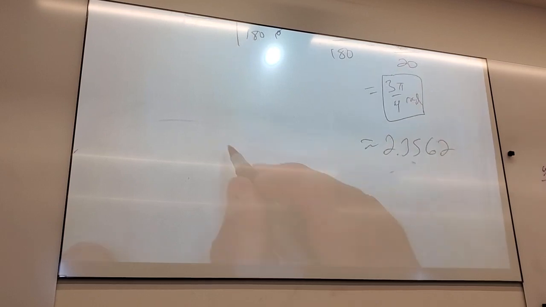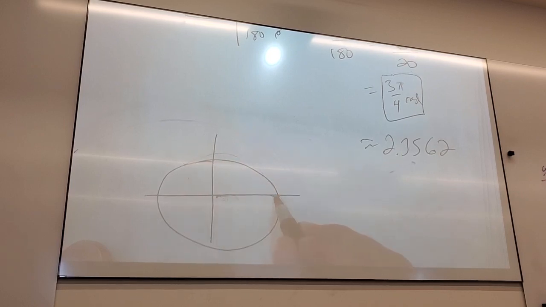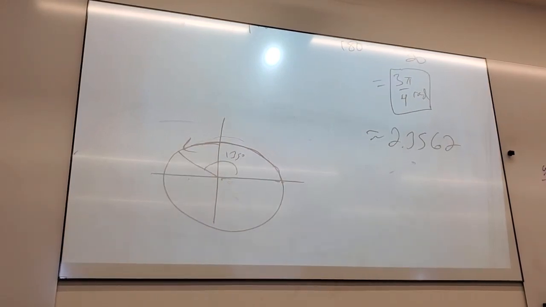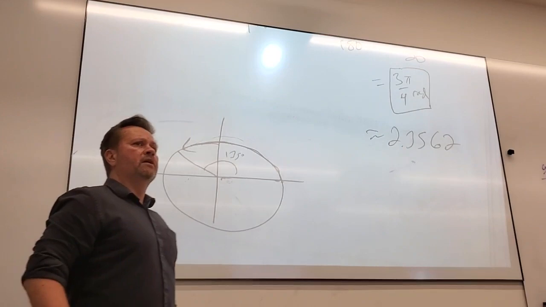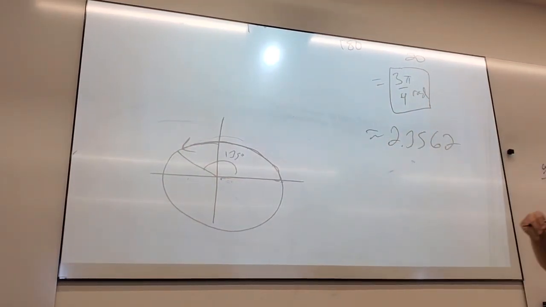So what does that mean? That means if I go 2.3562 radii worth across this circle, I will end up at 135 degrees worth of rotation. Are you guys at all understanding what I'm saying?